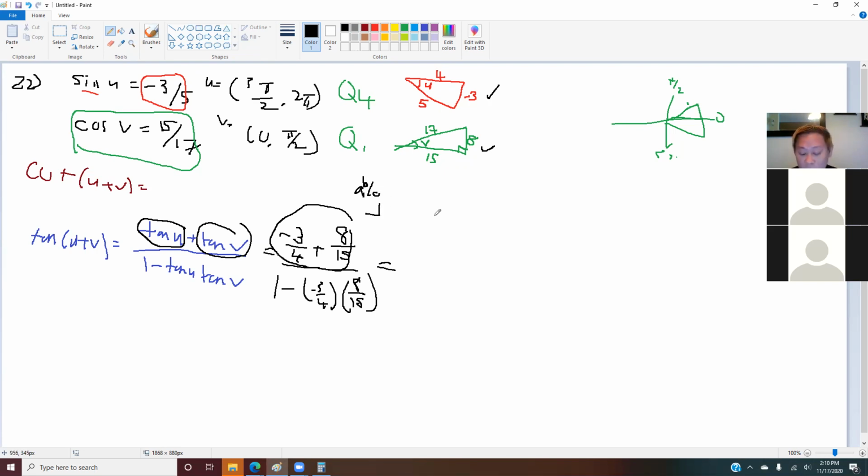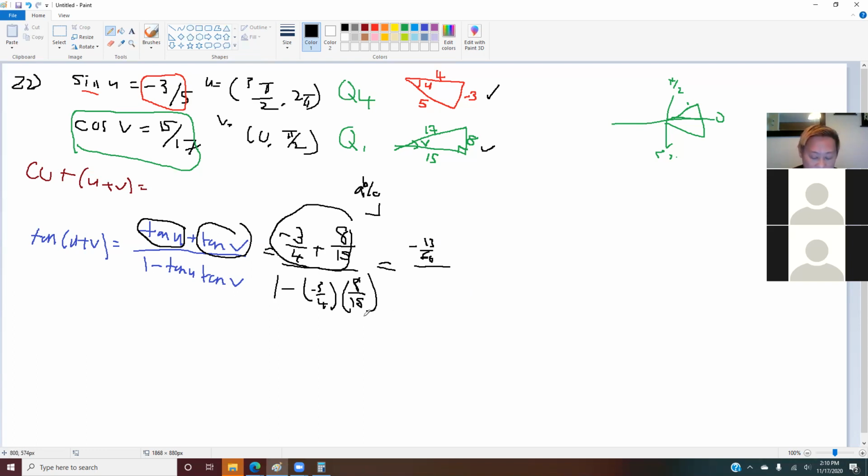So make sure you know how to use your calculator to do all this icky fraction work. So -3 over 4 plus 8 over 15, that will give me -13 over 60, all using calculator.